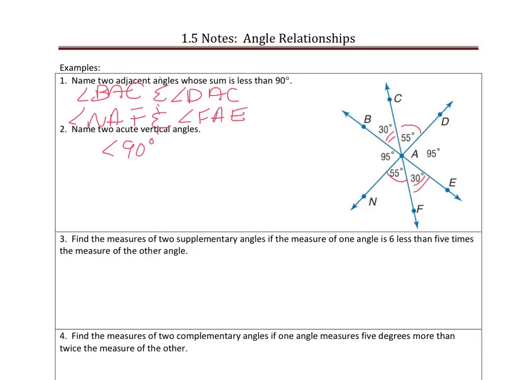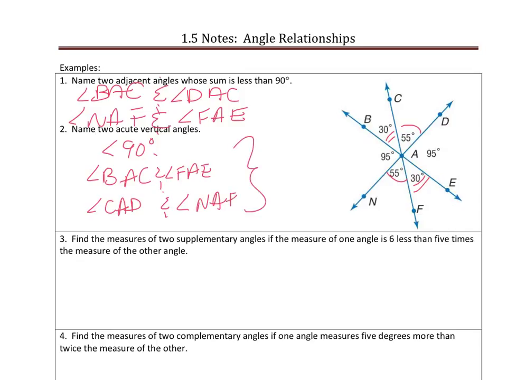So you could have answered angle BAC and FAE, as well as CAD and angle NAF. All of these are vertical and less than 90, which means acute.